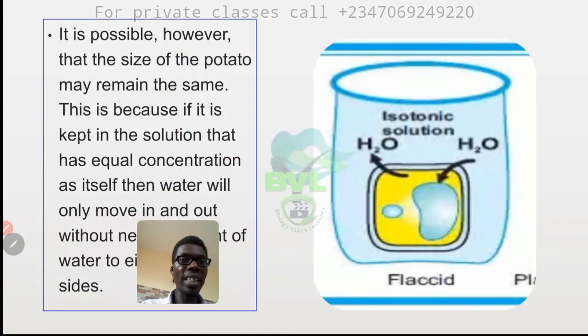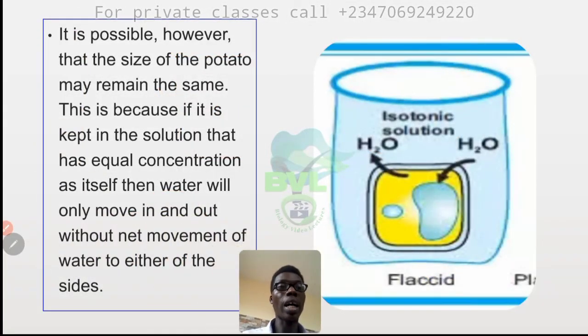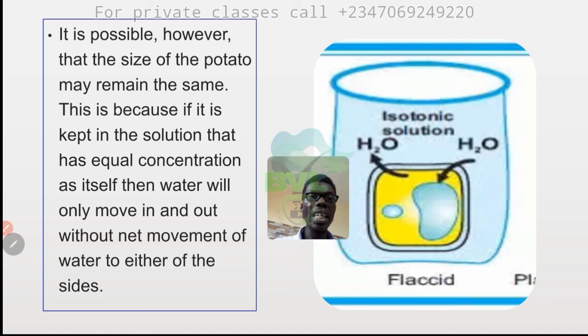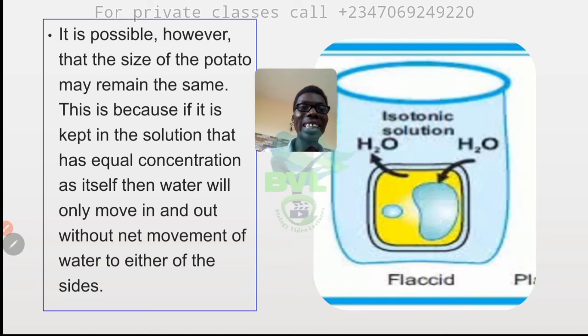It says here, it is possible, however, that the size of the potato may remain the same. This is because if it is kept in a solution that has equal concentration as itself, then water will only move into and out without net movement. Let's say now this one has 1 mole per dm cube, and this one has 1 mole per dm cube.